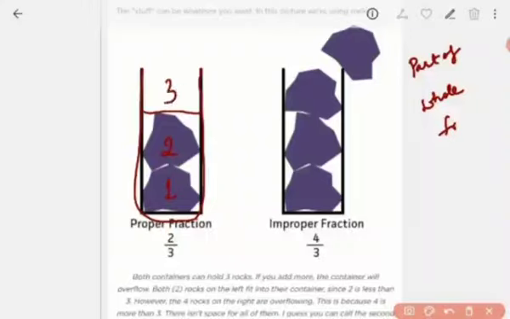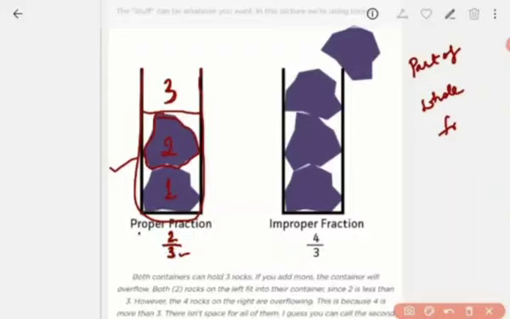It can accommodate 3 rocks in this particular container, of this size. So your total is the denominator. You can write it as 2 upon 3 because it can accommodate 3 rocks in total, but we have only 2 rocks placed in this container, so this will be 2 by 3.